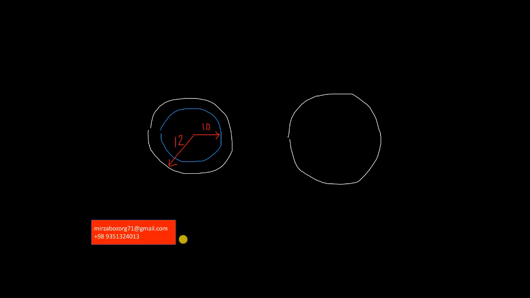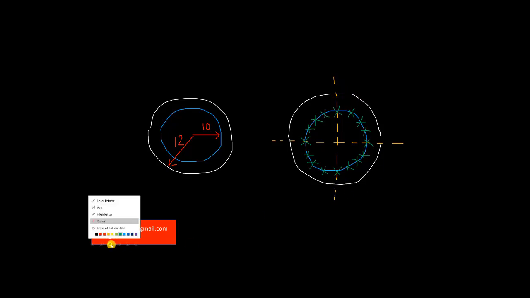I want to mesh them. What I told you: 16 elements, 16 nodes. 1, 2, 3, 4, 5, 6, 7, 8, 9, 10, 11, 12, 13, 14, 15, 16.